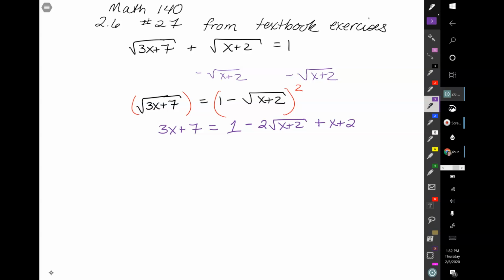So now we just need to get everything organized, combine like terms, and then we're going to have our expression with the radical. I'm going to leave that on the right-hand side. So go ahead and combine your like terms and get everything except this here on the left.